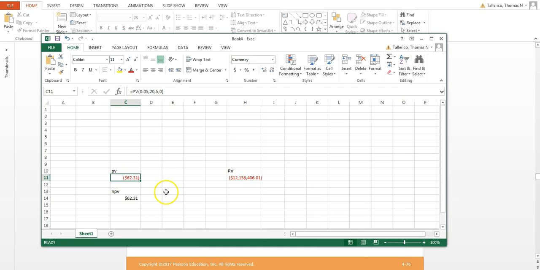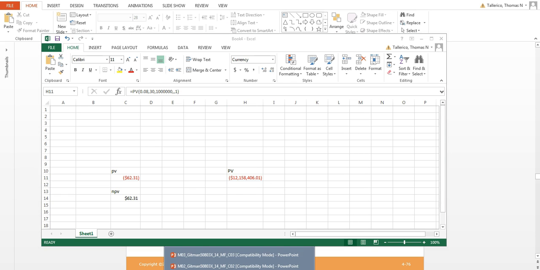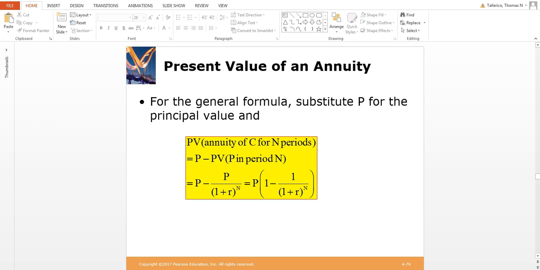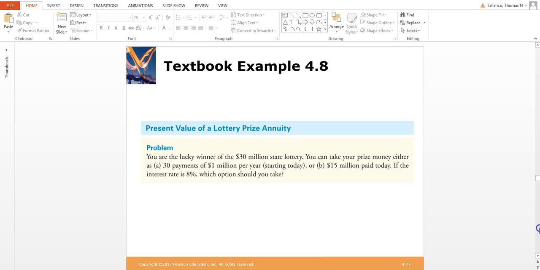Okay, and another one here, I believe this was another example in your book that they did, and let me bring that up to show you. Here's the present value of a lottery prize, right? A $30 million lotto, right? And you get $1 million a year, or do you take $15 million up front?